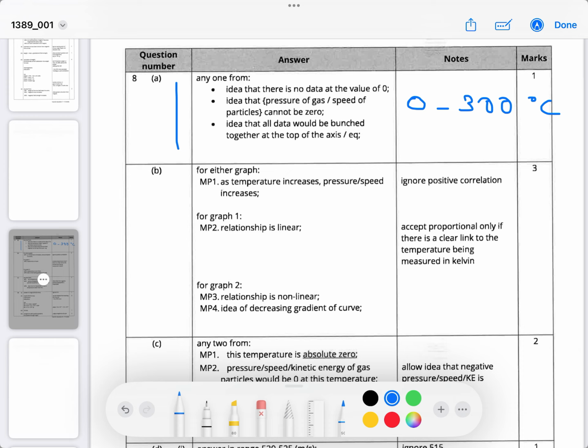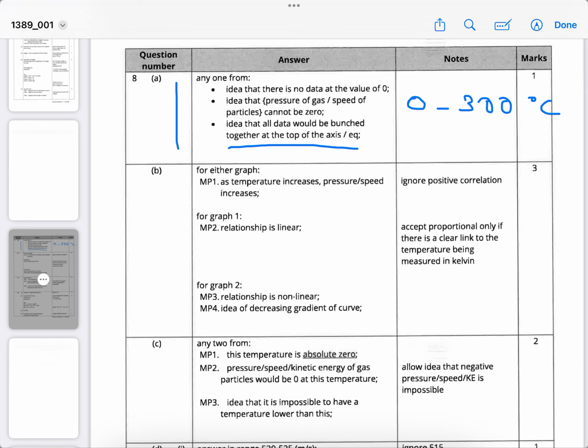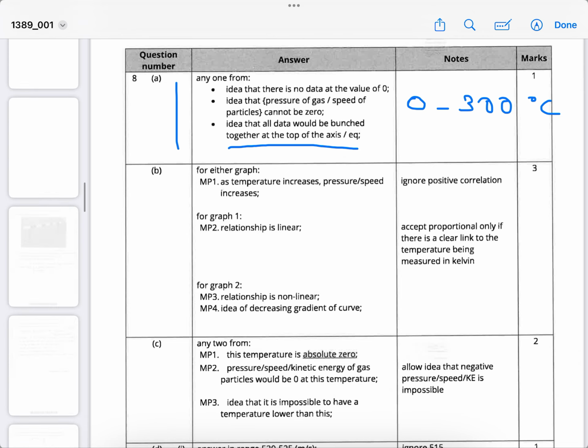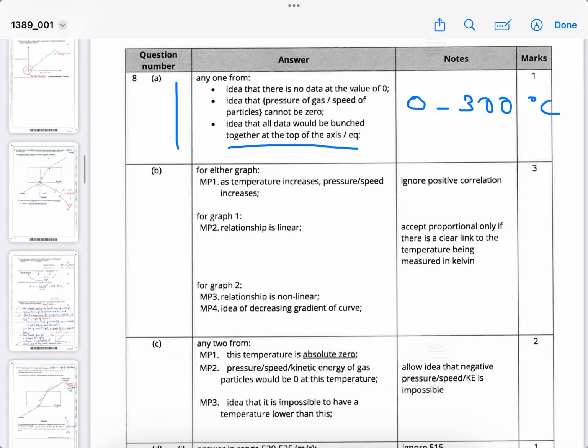So the idea that all the data would be bunched together at the top of the axis if they had gone to the origin, okay? So they wanted to spread it out. So really there is no right or wrong answer for this question, and you just got to hazard a guess when you're doing it, okay? So hope that helps. I think it's an awkward first question for question 8.